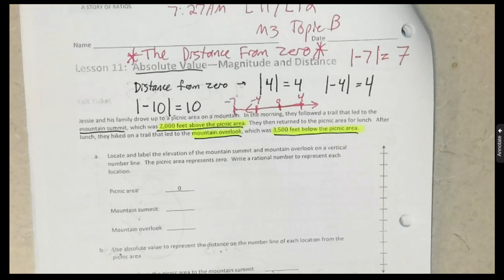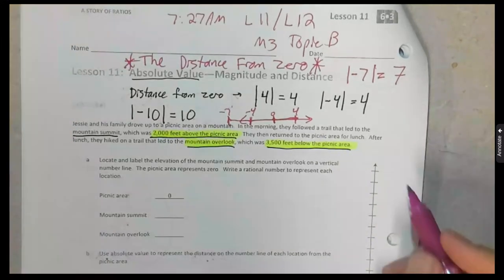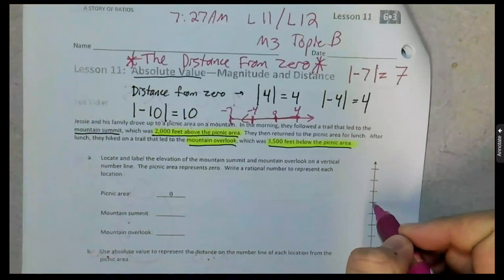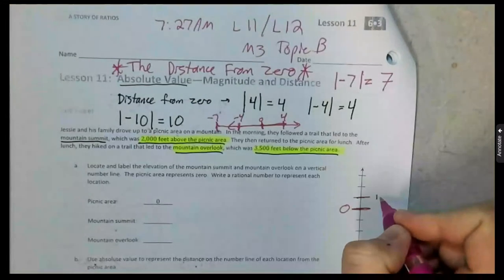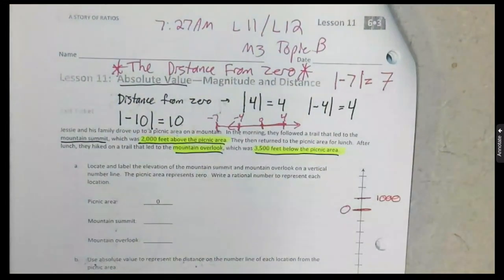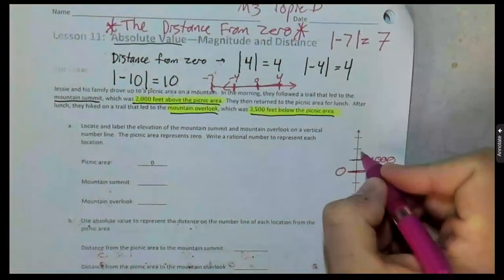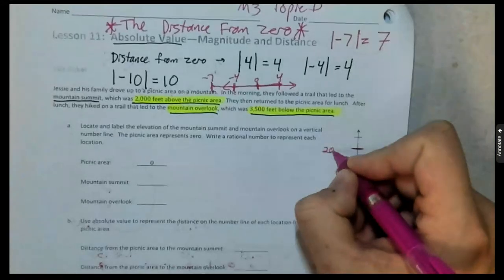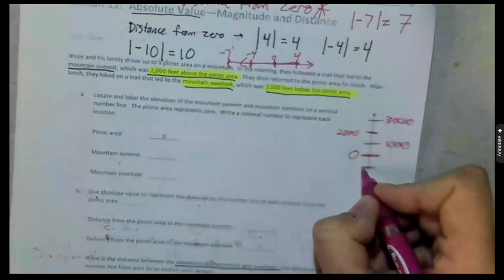All right. So 1, 2, 3, 4. I'm going to place 0 right here. I'm going to say the tick marks will go up and down by 1,000 because we have to fit a lot of numbers in the space that we have. So we're going up by 1,000, which means we're also going down by 1,000.